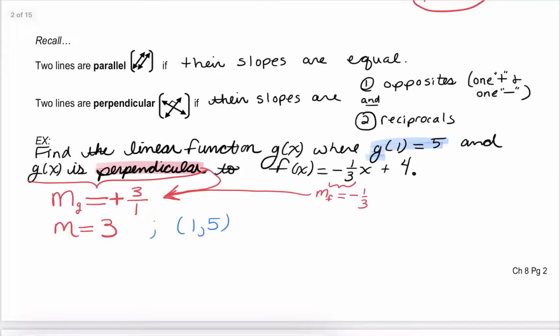If you're using your point-slope formula, that's the one that looks like y minus the y1, so the y coordinate of your ordered pair, which is 5, is equal to, and then your slope in this case of 3 times the quantity of x minus, and then your x1, the x coordinate of that ordered pair that's on the line.